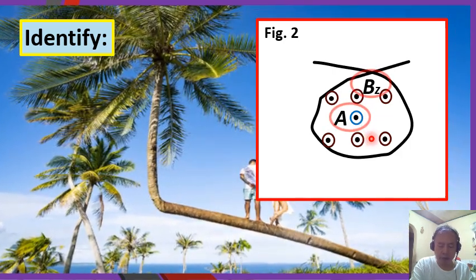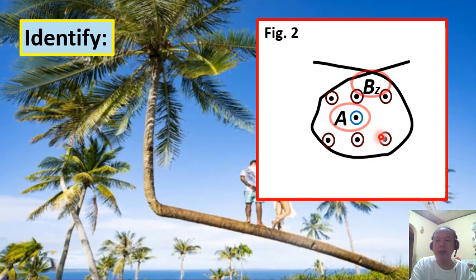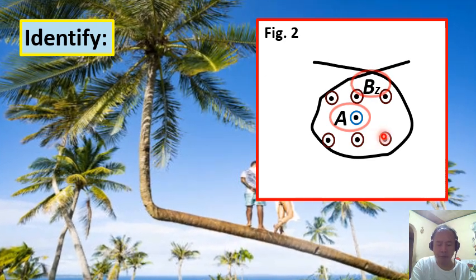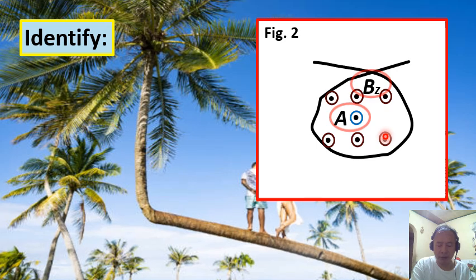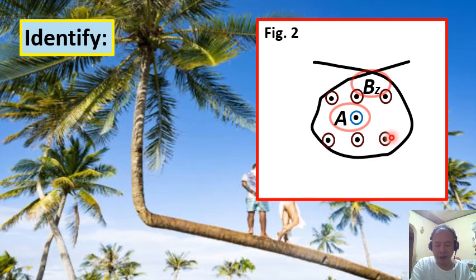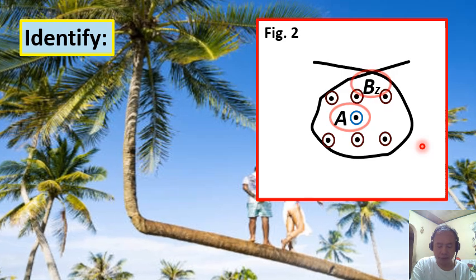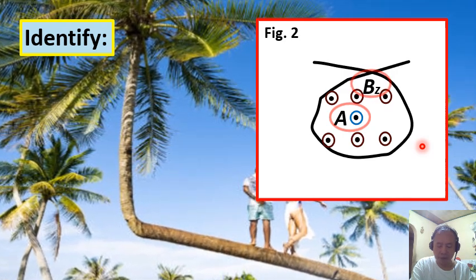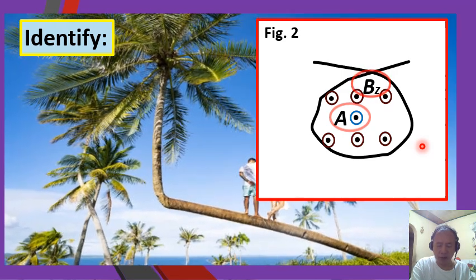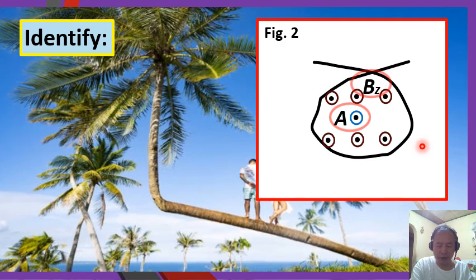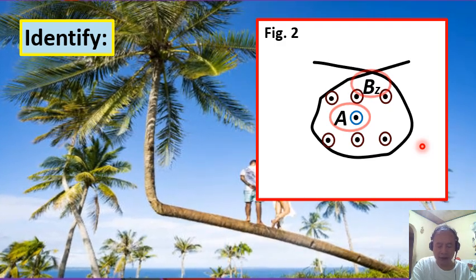Also, the z component of the magnetic field B sub z is also in the same direction as the area vector, which is towards the reader or into the positive z axis as well.